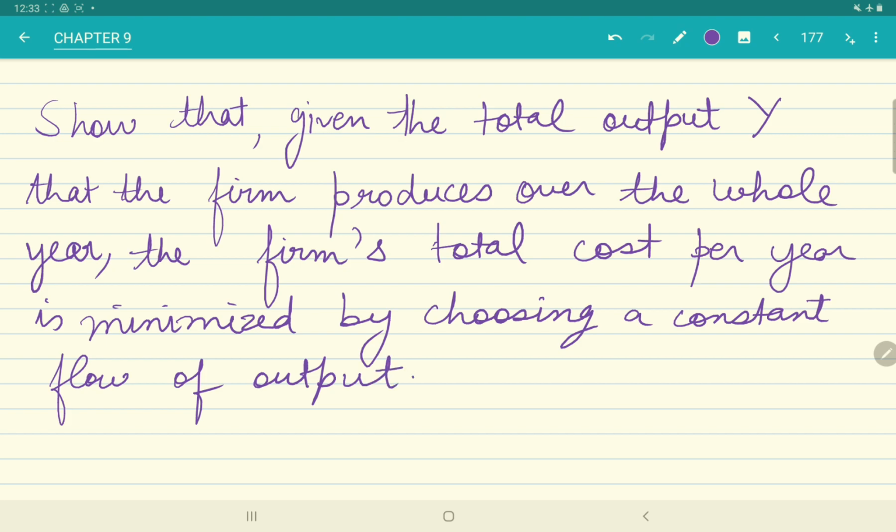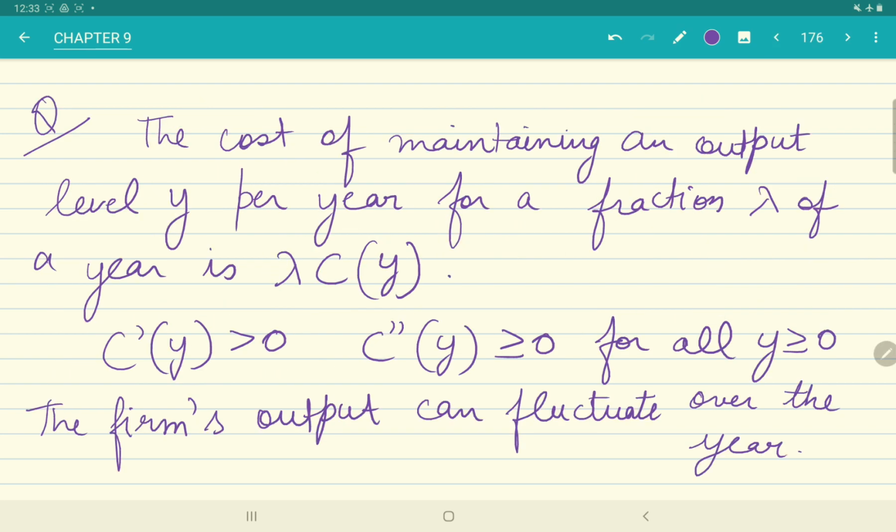So just to understand this, let's get back to our question.